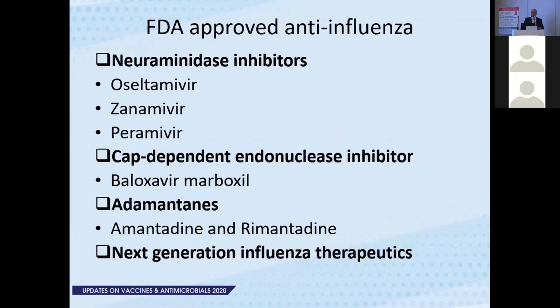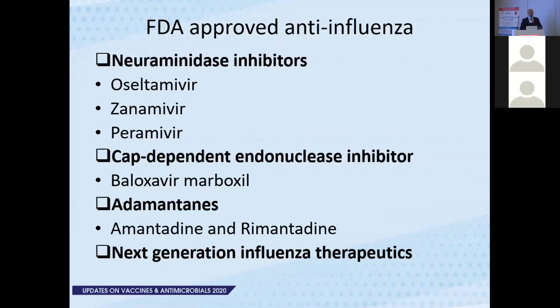Actually, we have 3 main classes that are approved by the FDA. The first class is the neuraminidase inhibitor, and the second class is the cap-dependent endonuclease inhibitor. The third class, which is now part of history, is the adamantanes, which include amantadine and rimantadine.